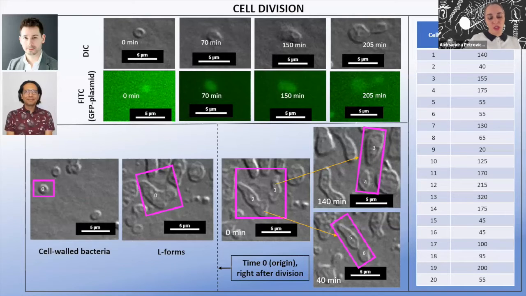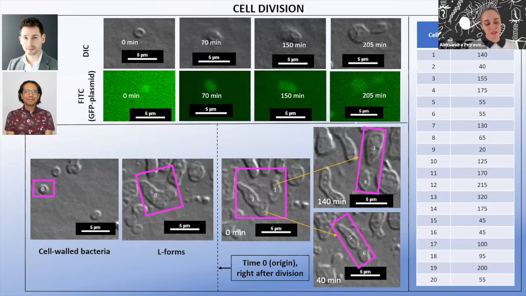We also wanted to understand better the L-form cell cycle and the growth dynamics. Again, by using time-lapse microscopy, we measured the duration of the L-form cycle in 20 selected consecutive cells. And we observed that the first division occurs in most of them after 5 hours of addition of meropenem to exponentially growing bacteria.